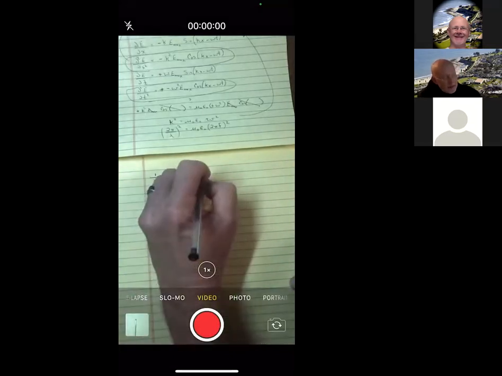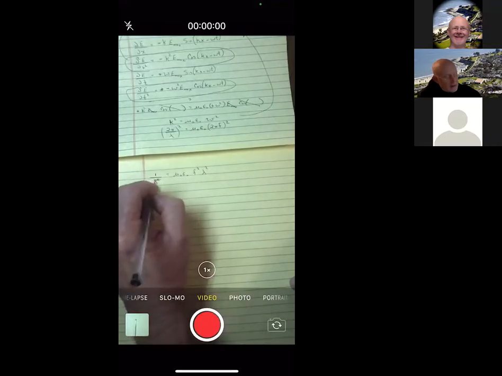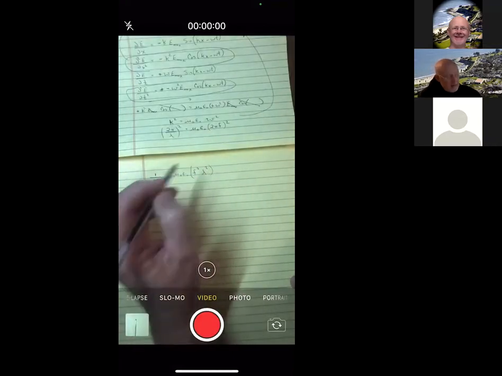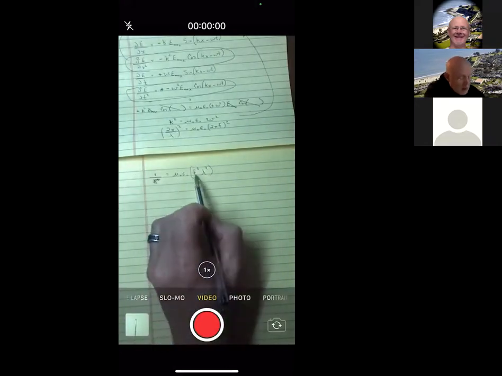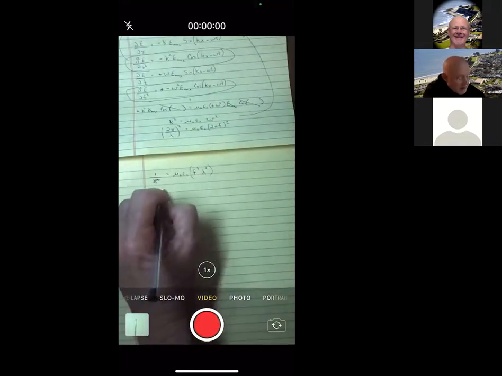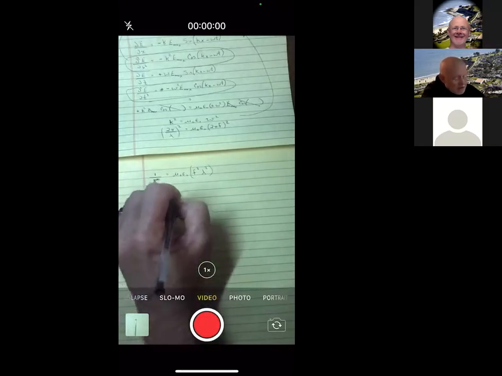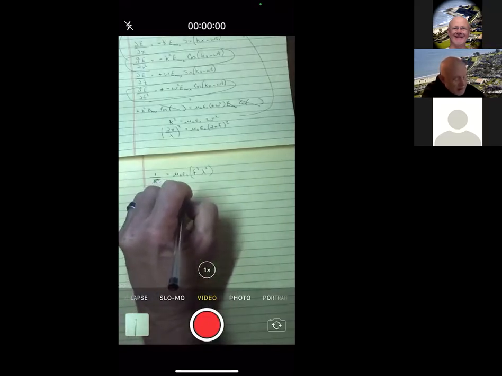Maybe I'll bring the lambda squared to the other side, because this, again, is the wavelength times the frequency, which is the speed of these waves.